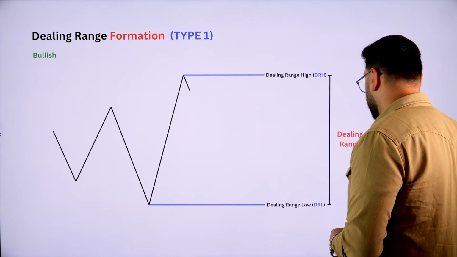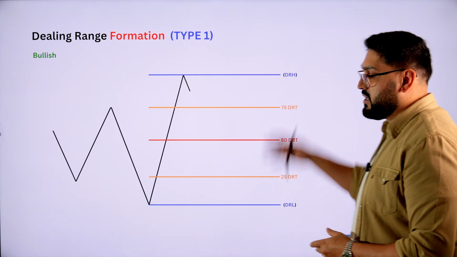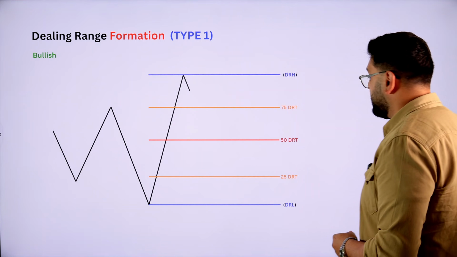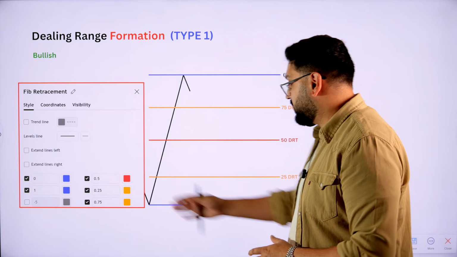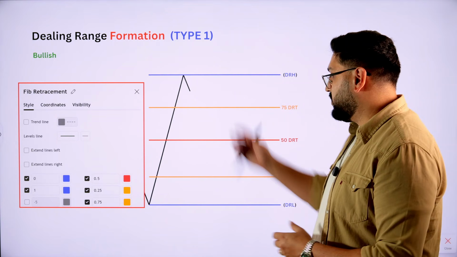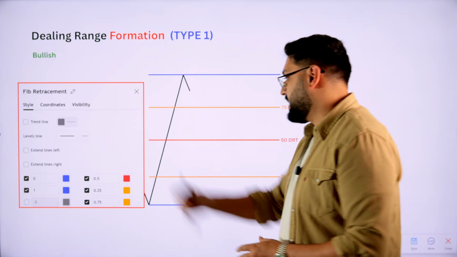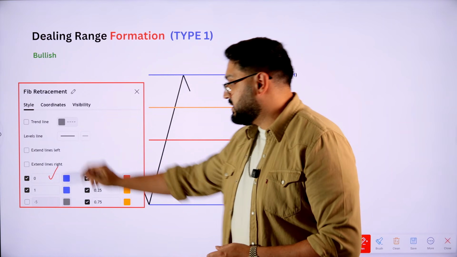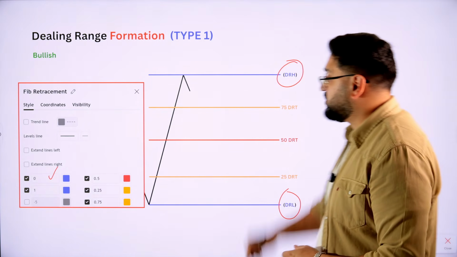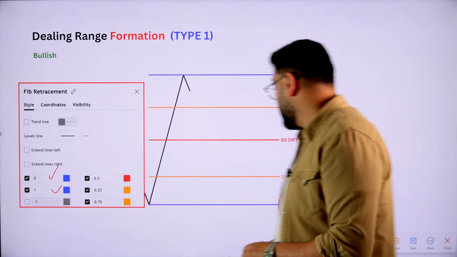Once we have this dealing range, then we can grade it and set our DRT levels. Now, the only difference here is, since we're plotting from low to high being a bullish dealing range, we can use the same fib levels, but our dealing range low in this case will be 0 and our dealing range high will be positive 1.